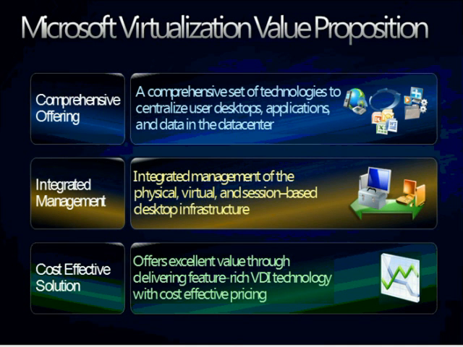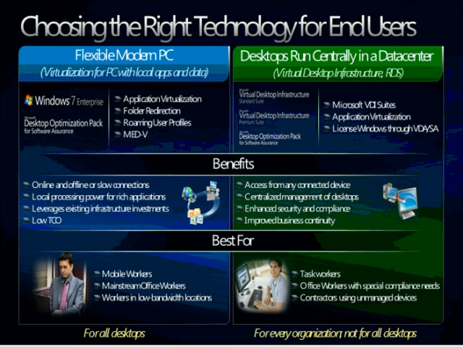So I would like to conclude my chat with you this morning by talking about really being able to choose the right technology for the end user. So we can have the flexible modern PC with virtualization for the PC and local applications and data, or we can have desktops that run centrally in a data center.